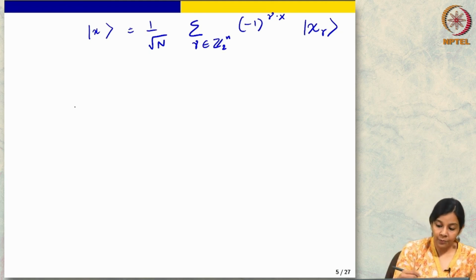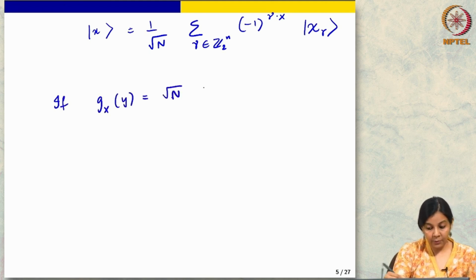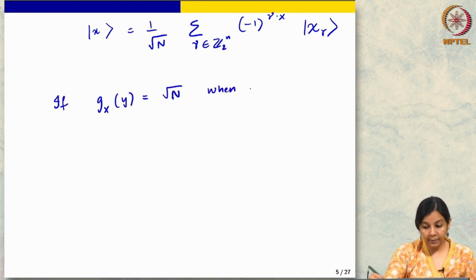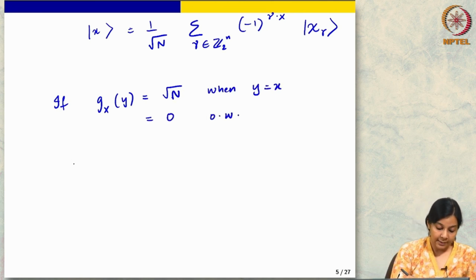Just for the sake of completeness, I can write x as a function. Let me do that. If I let gx of y be square root n when y is equal to x and 0 otherwise, then what does gx look like?